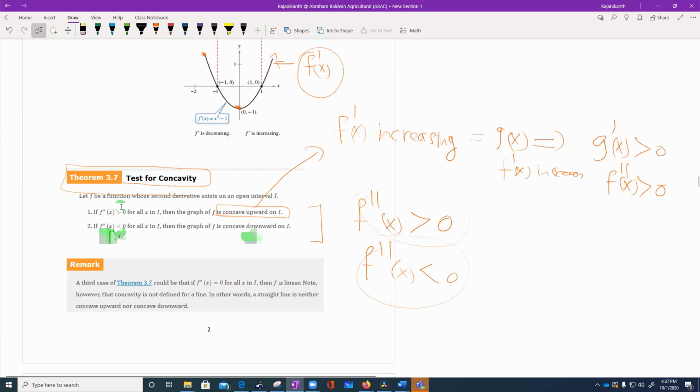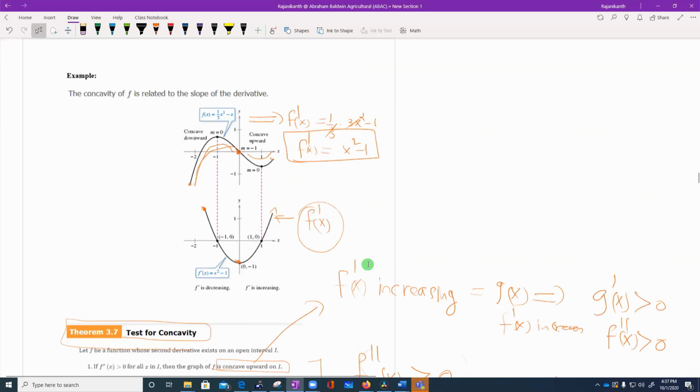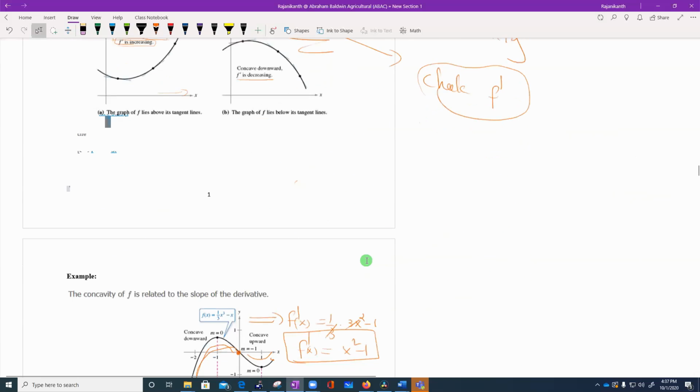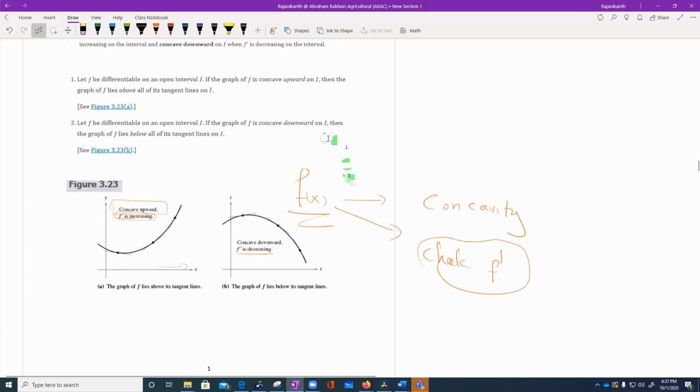Okay, so you have to find a break-even point where the second derivative is getting 0. Okay, like we did earlier. Remember, if you want to find the relative max or minimum, we did just now in 3.3. We found the critical point by setting the first derivative to 0, and we split the entire domain into small subintervals, and we found the function has a minimum or maximum.